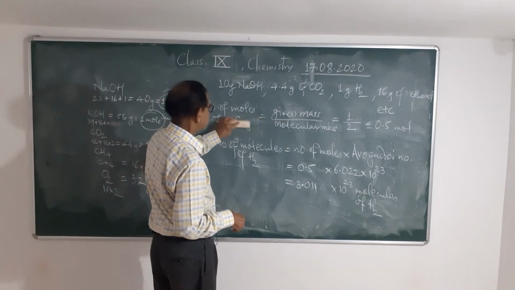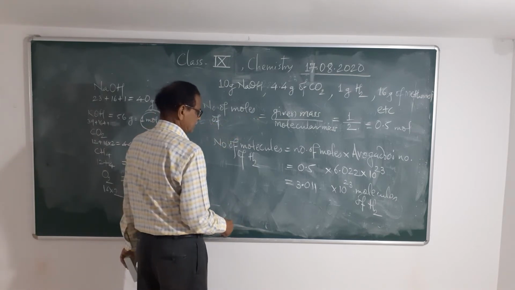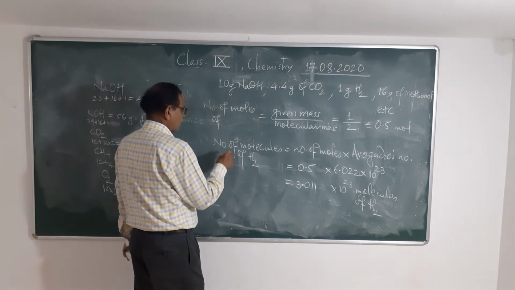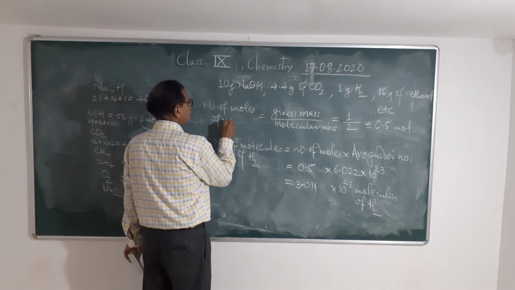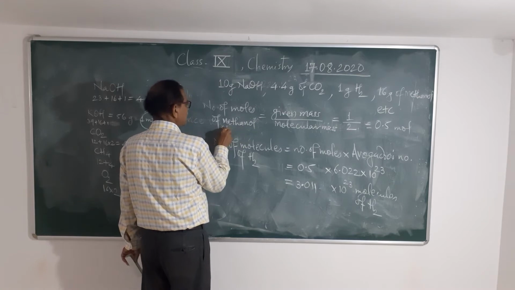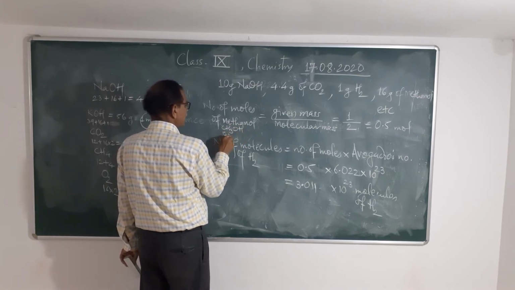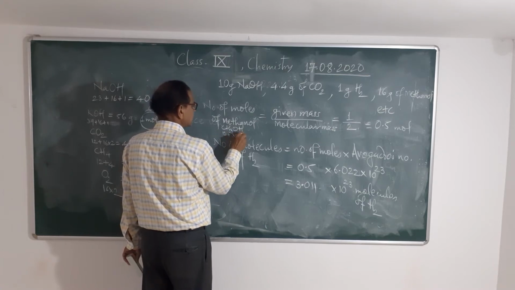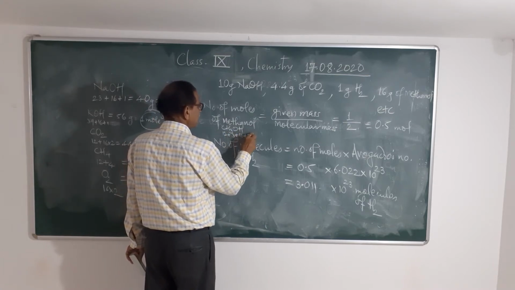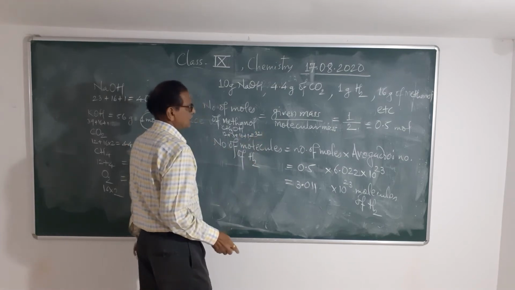Now we will study about methanol. Methanol means CH3OH. CH3OH is methanol. 12 plus 3 plus 16 plus 1 is equal to 32.